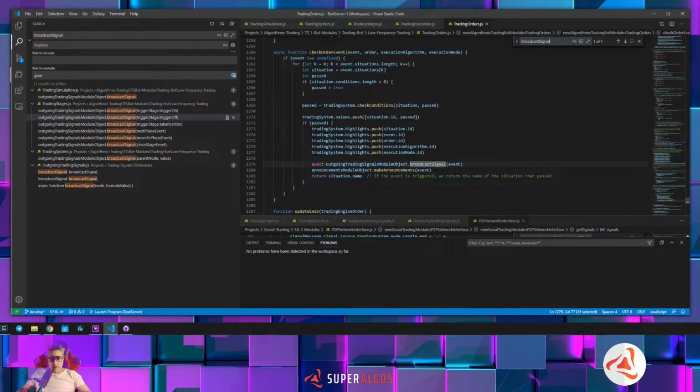It's not on that list. Okay, but this is inside an asynchronous function. Check order event. This covers the creation and cancellation of orders. Okay, probably now we are good to go.